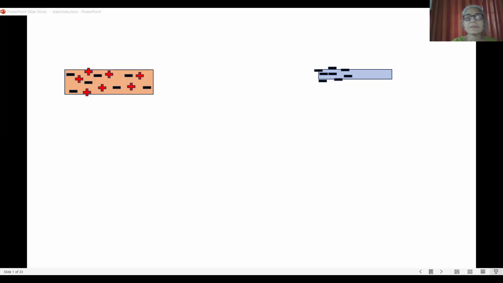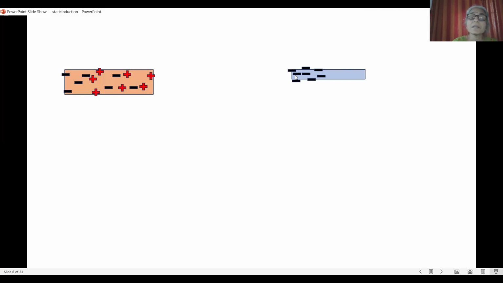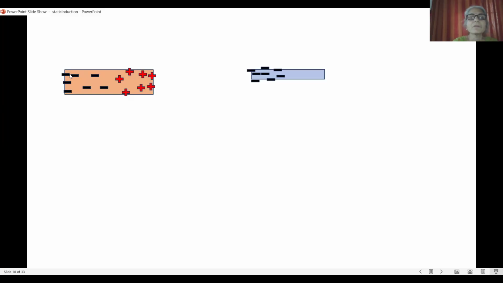According to this theory, this metal object has plus and minus charges uniformly distributed. They're all mixed up. And then if the external charge comes close to this metal object, the positive charges move towards the external charge, and negative charges move away from it.